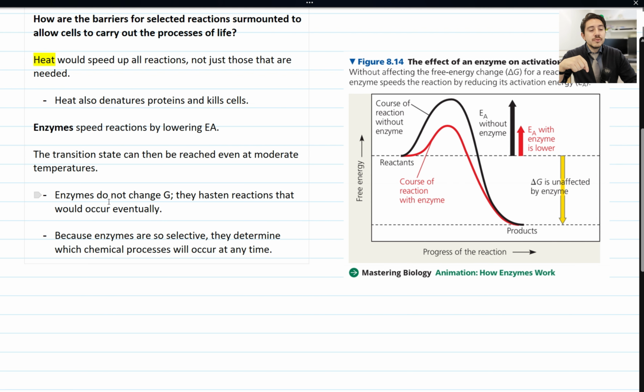I do want to note that enzymes do not change the free energy in itself, but just hasten the reactions that will occur in any case. And again, enzymes are incredibly selective, very specific to a particular molecule. So they can determine chemical processes that will occur at particular times, depending on concentration gradients and so forth, that we're going to take a look at in chapter 7, and in chapters 9 and 10, as we go along into cell respiration and photosynthesis.